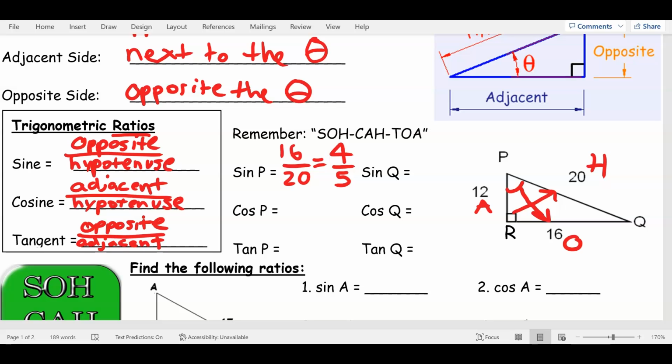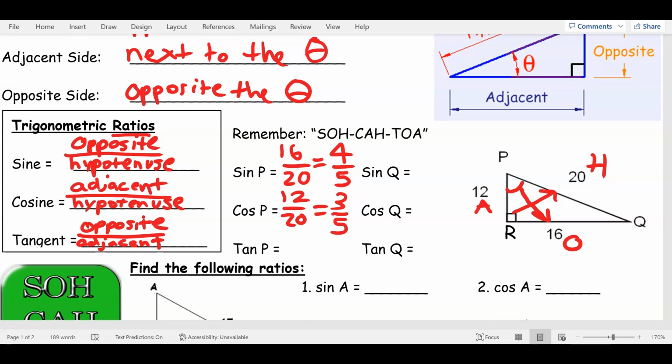So 12 over 20. That's it. If they're asking you for the ratio, the only thing you might have to do is reduce it. 12 over 20. Does anyone know what that reduces to? 3 over 5. They're both divisible by 4, and you get 3 over 5.